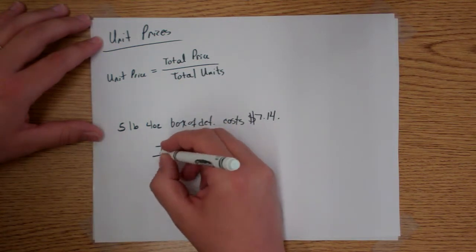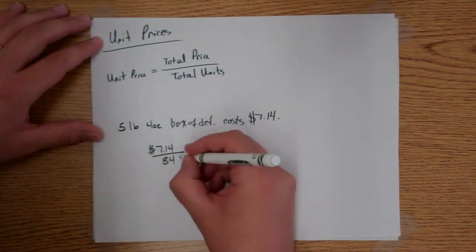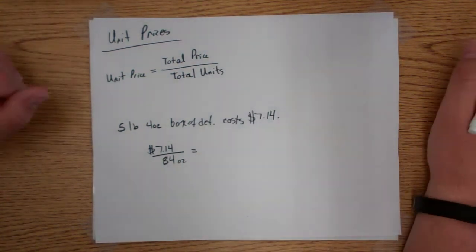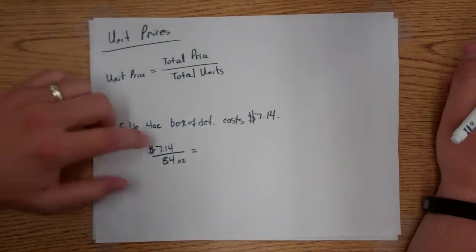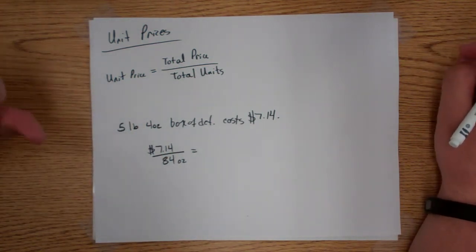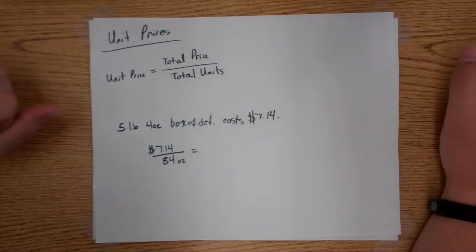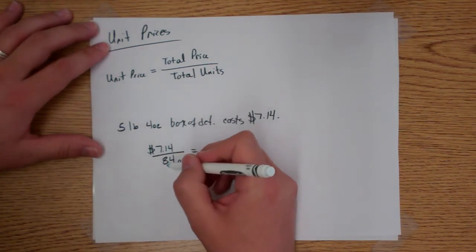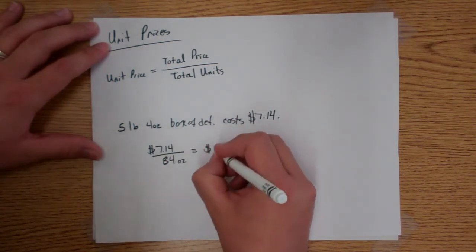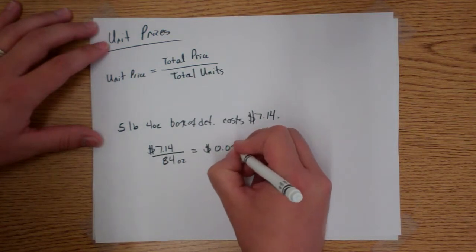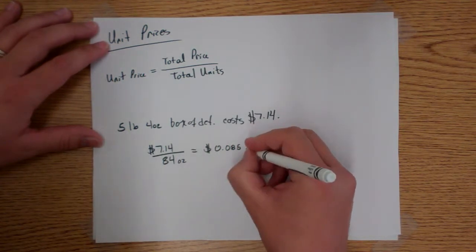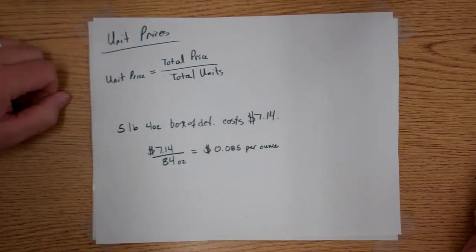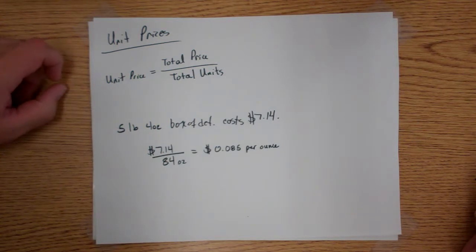This is dollars, and this is ounces. Now, in a unit price, as you can see, our units are not going to cancel out. And in this case, it is okay to have that decimal there because we're finding unit price. So what you would do is simply take the 7.14, divide it by the 84 to get 0.085 per ounce.